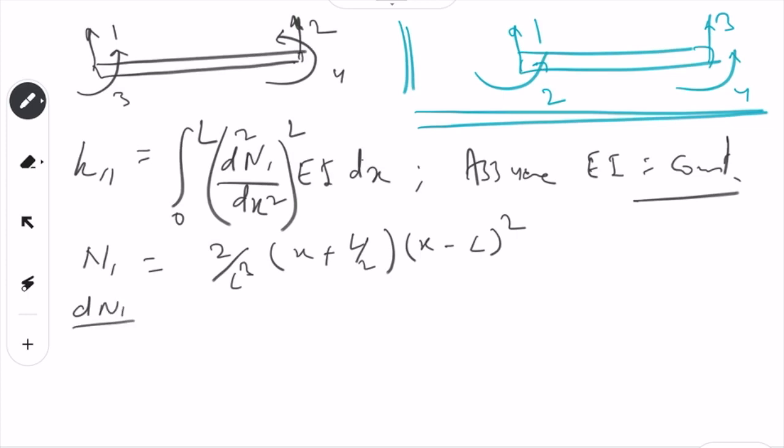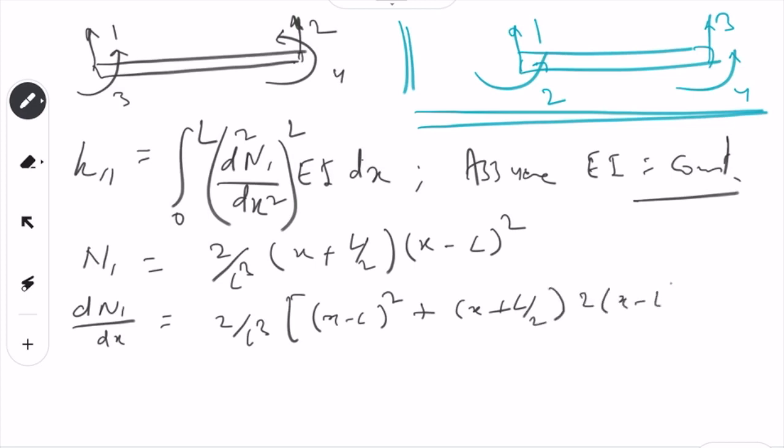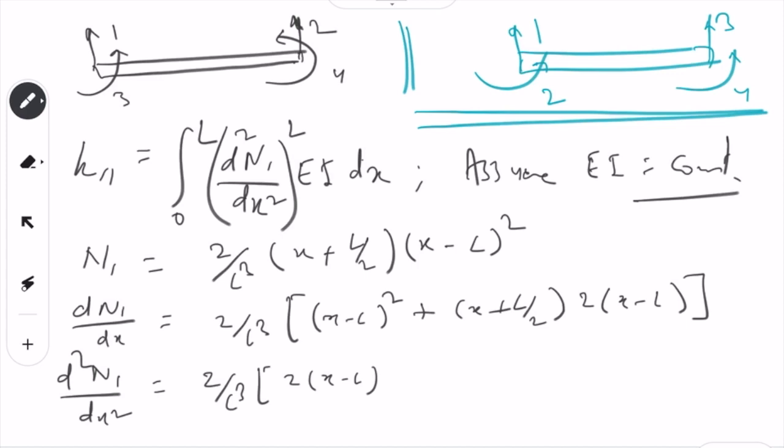So, dN1 over dx is equal to 2 over L cube, okay, x minus L square plus x plus L over 2 times 2 x minus L. d square n1 dx square is equal to 2 over L cube times 2 x minus L plus 2 x minus L, plus x plus L over 2 times 2.